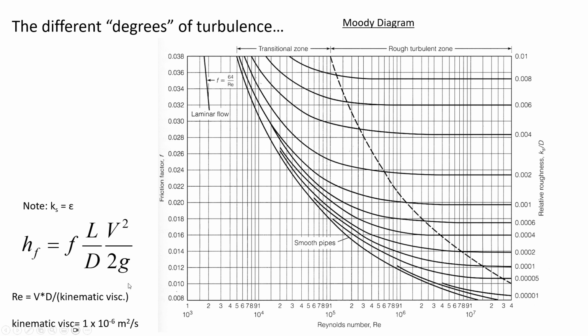So this Darcy-Weisbach equation says it depends partly on the length of the pipe, so the distance between 2 points, and it depends partly on the diameter of the pipe. So the diameter of the pipe is a factor. It depends on the velocity of the water.